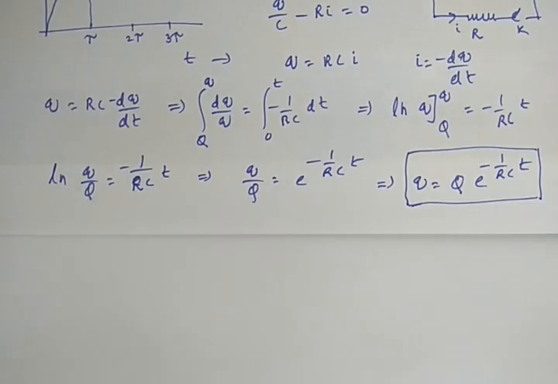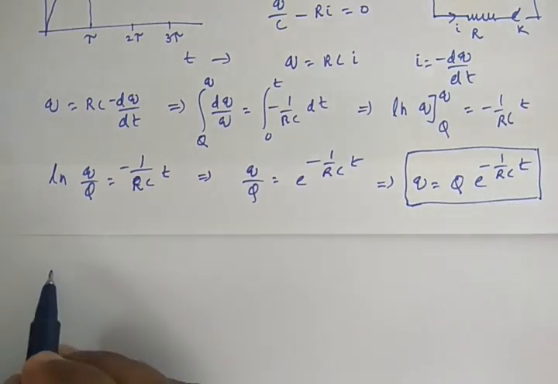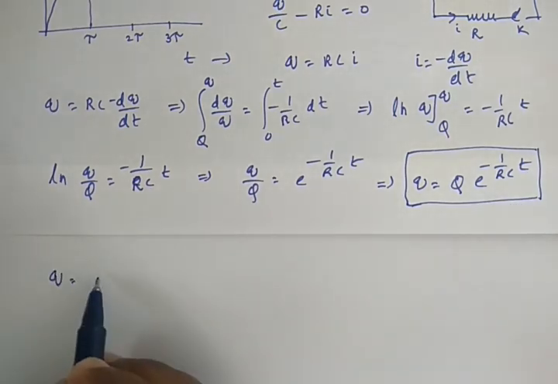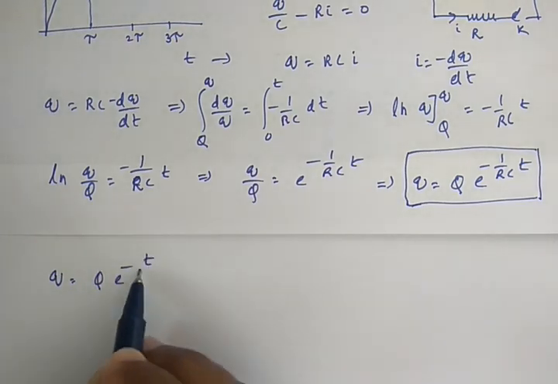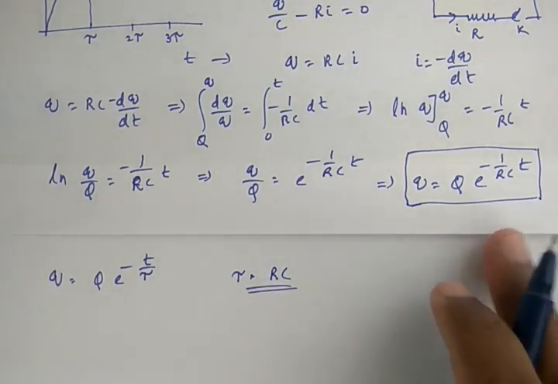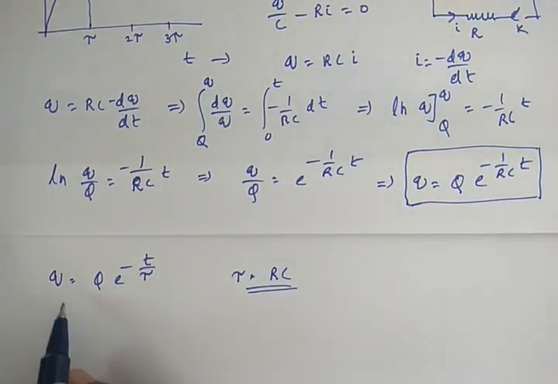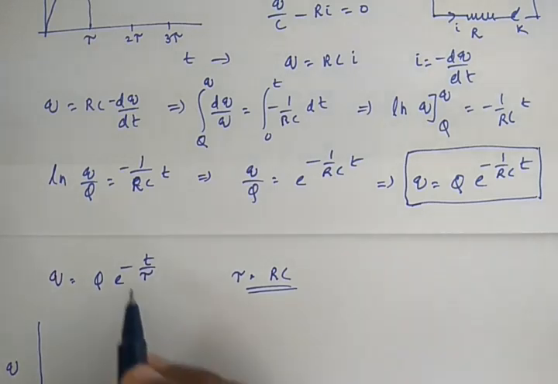So now let us draw the graph here, q versus t, and here also RC is once again the time constant. You can write down that q equals Q times e power minus t by T, where T is the time constant, that is RC. If you draw the graph between q and t, this is an exponential decay function.